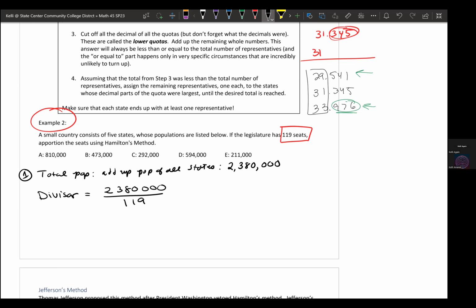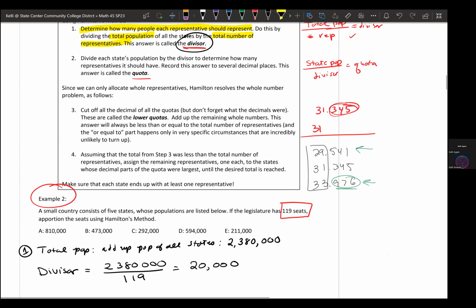I got exactly 20,000. I wonder if that was rigged. It makes sense though, since all these populations have 3 zeros at the end. But I bet 119 was carefully chosen so that we got a nice divisor. That tells us that each representative should be representing 20,000 people. So that's the divisor.